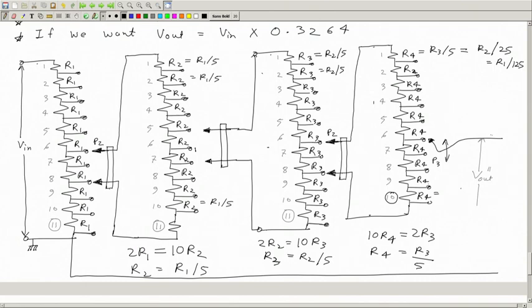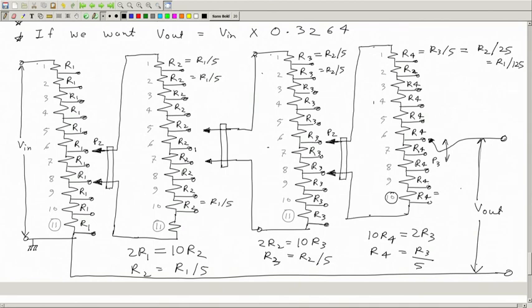Similarly this, the last one has only 1 jockey. And the output is between this reference point, very important, and here. This is the output.